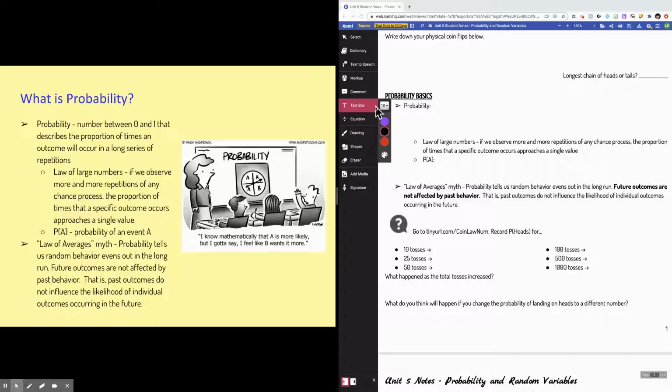So first question is, what is probability? What does it mean? Okay, so a probability is a number between 0 and 1 that describes the proportion of times an outcome will occur in a long series of repetitions.